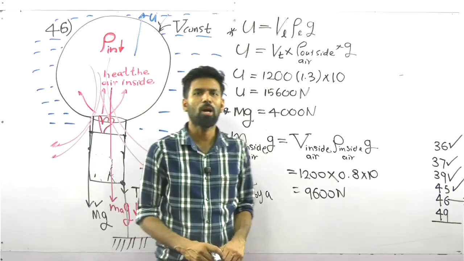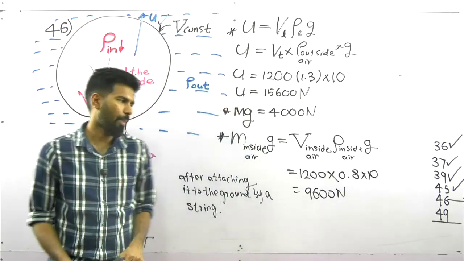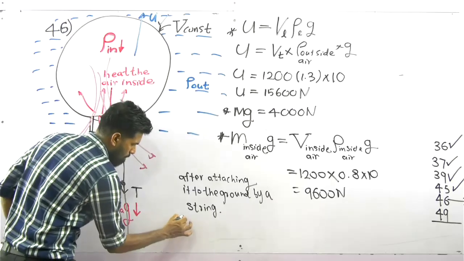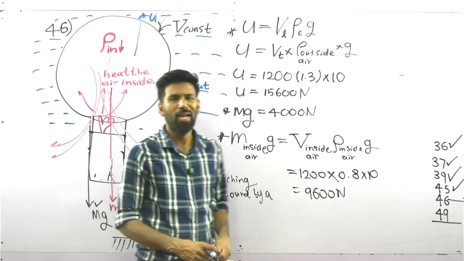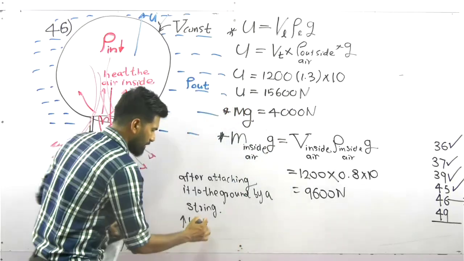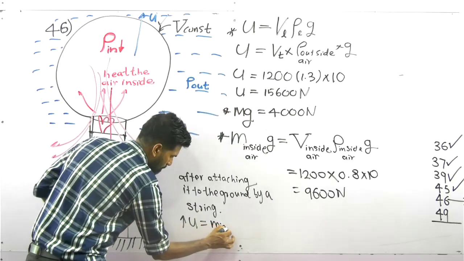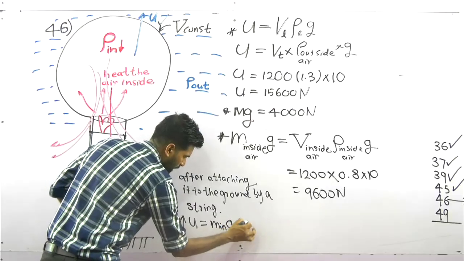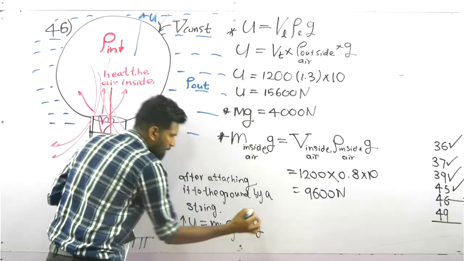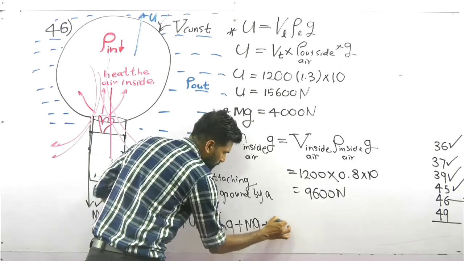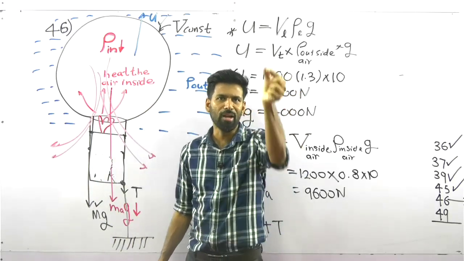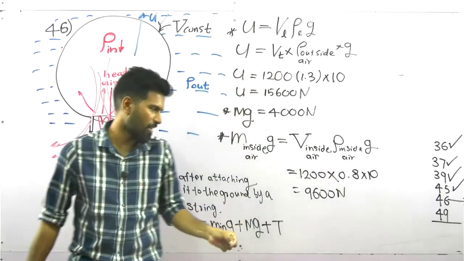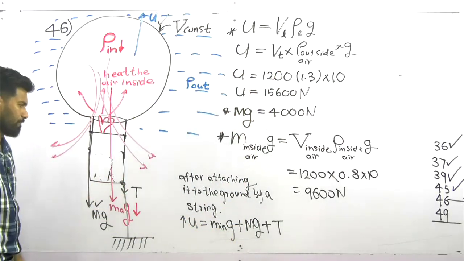After attaching it to the ground by a string, the upward force, upthrust, is balanced by the weight of the inside air, the weight of the rubber parts, plus the tension of the string. Tension of the string attracts the connected point towards the string itself, and it's downward.